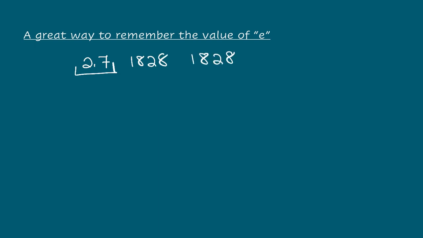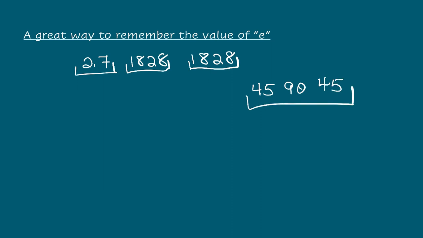And then if you want to go even further, if you remember from geometry the 45, 90, 45 triangle, the next three values are actually 45, 90, 45. There's no significance to that. It's just the pattern that there is. So if you remember 2.7, then 1828 twice, then 45, 90, 45, you've got the first quite a few numbers of the value of e. Not that you'll ever really need it, but there they are.